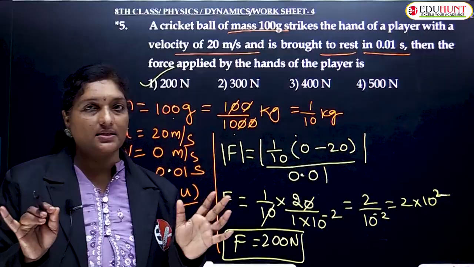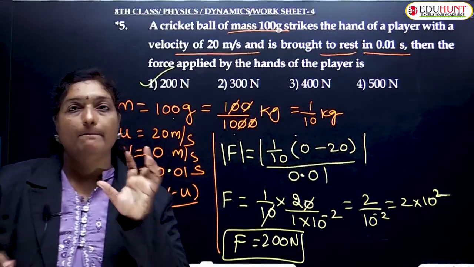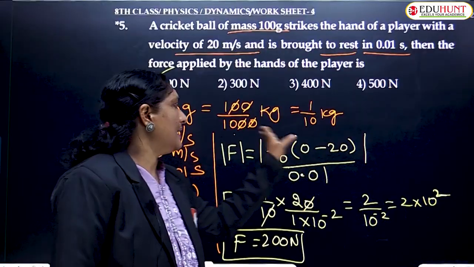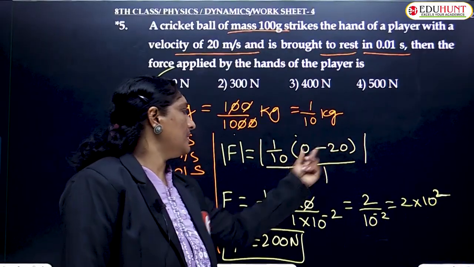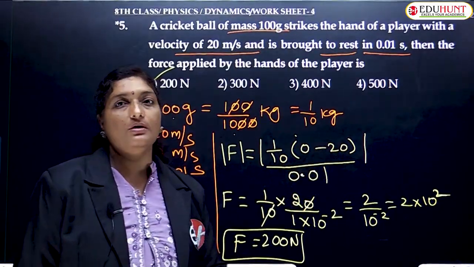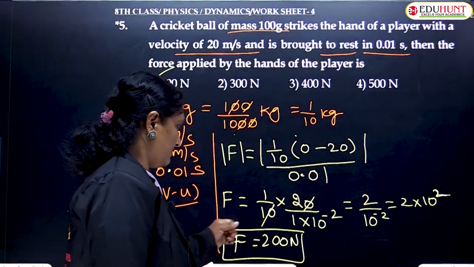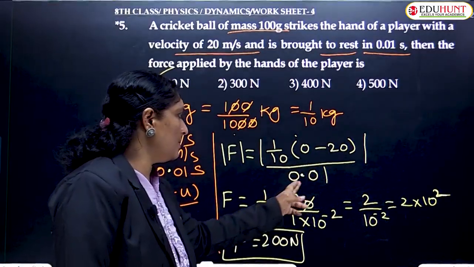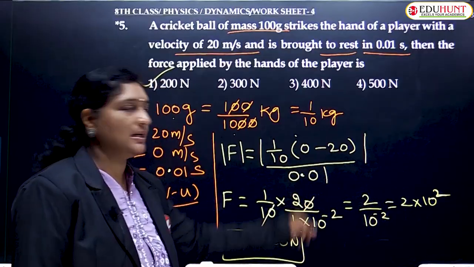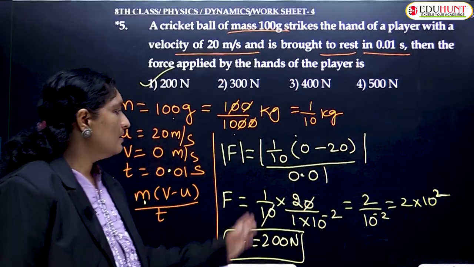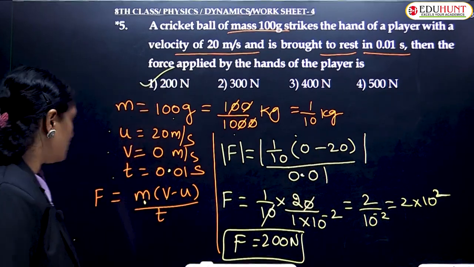Magnitude means no need to consider direction, only value. You will get a positive value. Symbolically, minus 20 is replaced with 20 because we don't bother about direction, because it is decreasing velocity. So 1 by 10 into 20 upon 0.01, which can be written as 1 into 10 power minus 2. Simplify, and you will get the value as 200 Newton.